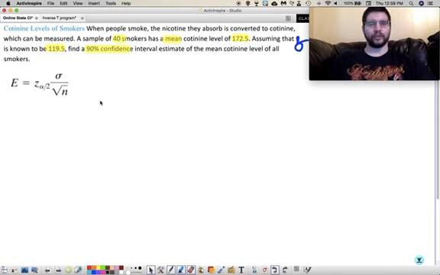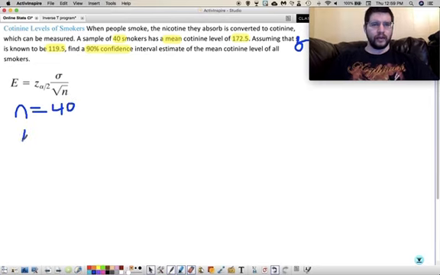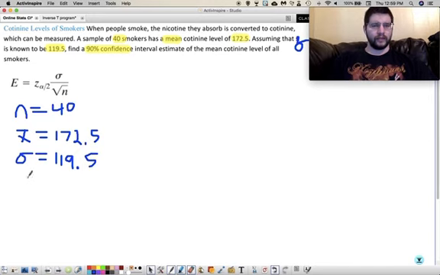So yeah, write down your variables. N is 40. X bar is 172.5. Sigma is given to be 119.5. Alpha is 0.1.